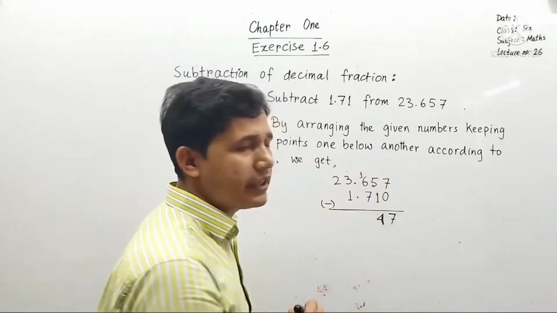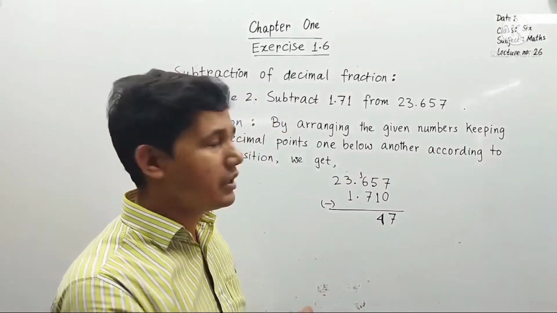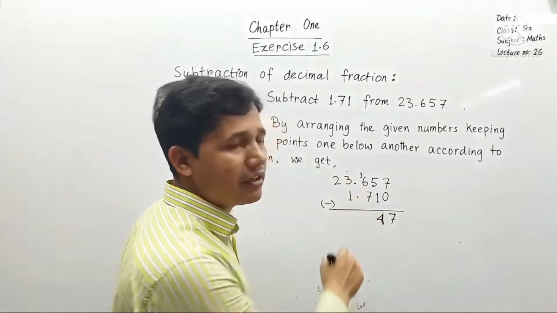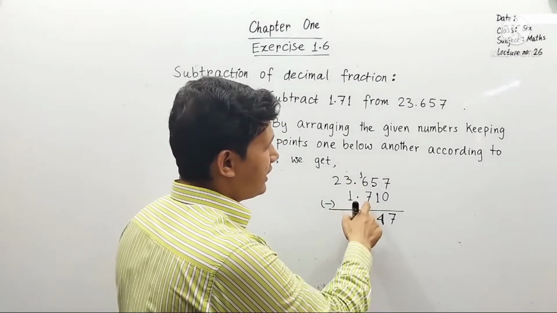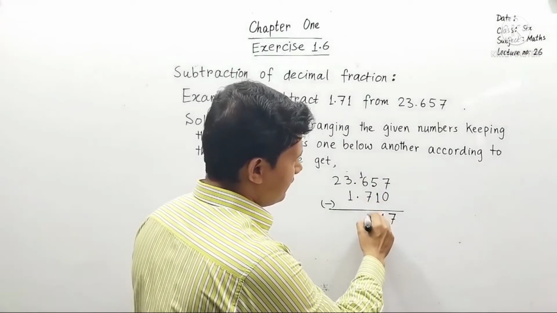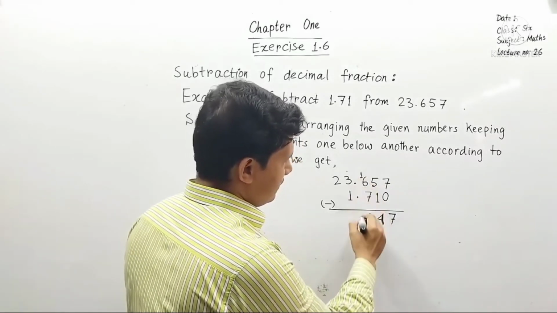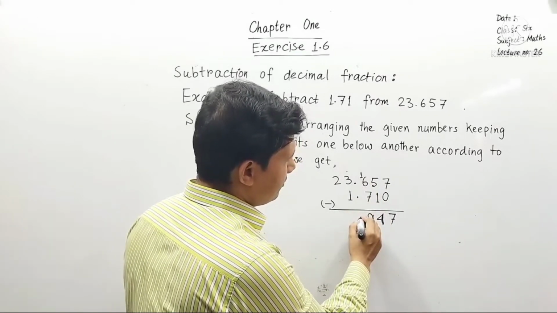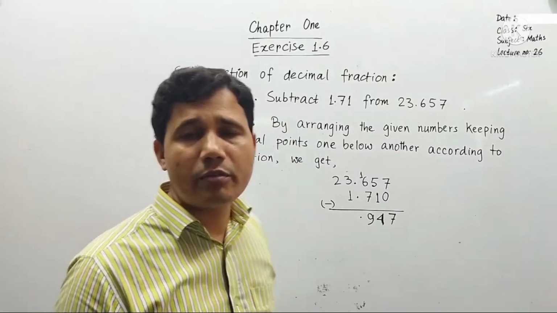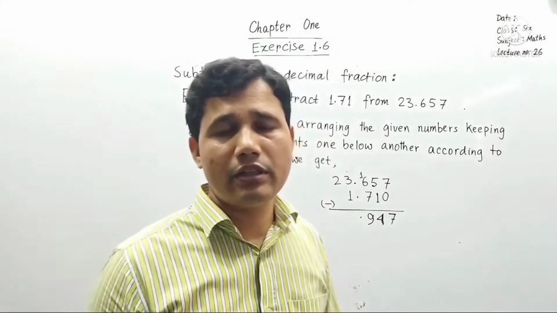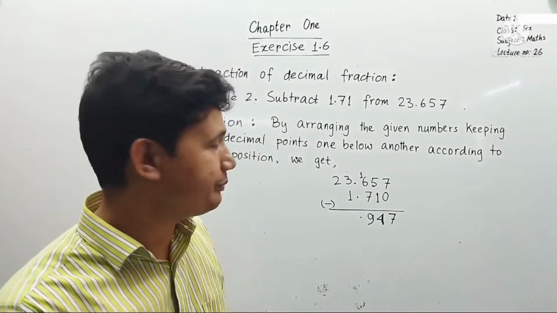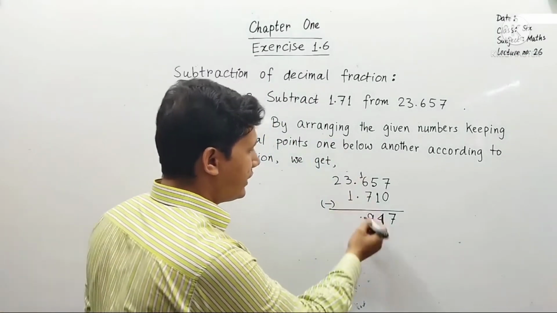Then if you take 1 here, it will be 16. From 16 you can subtract 7. 16 minus 7 will be 9. Straightaway you will put the decimal point. I told you the decimal point will always be written one below another. That's why you write this way.